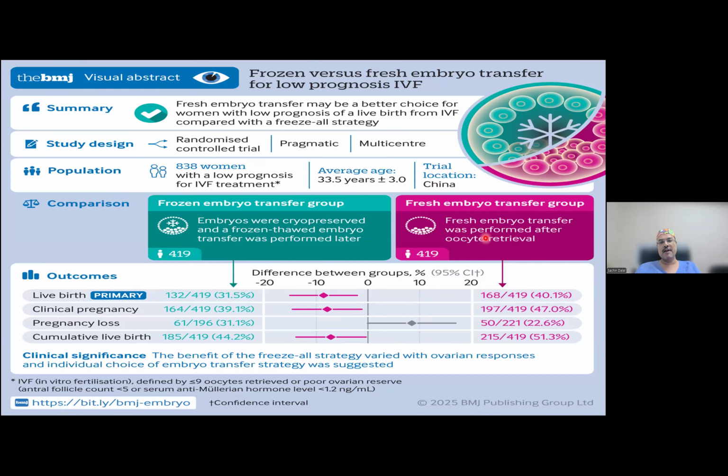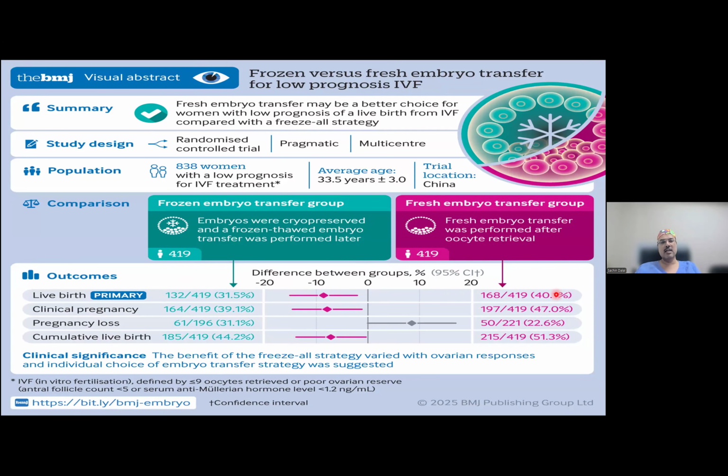And this is a very, very recent paper published in BMJ in 2025. They summarize that fresh embryo transfer may be a better choice for women with a low prognosis of a live birth from IVF compared to a freeze-all strategy. Here, what they have noted is that live birth rates, clinical pregnancy rates, pregnancy losses, and cumulative live birth rates are all better in the fresh embryo transfer group compared to the frozen embryo transfer.